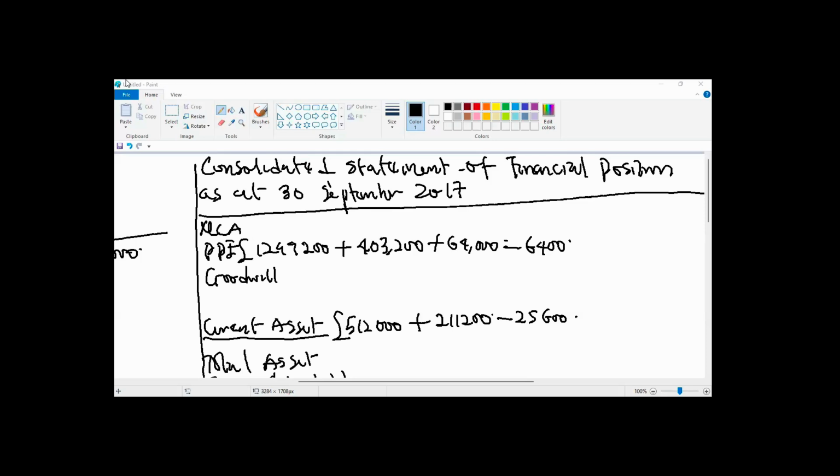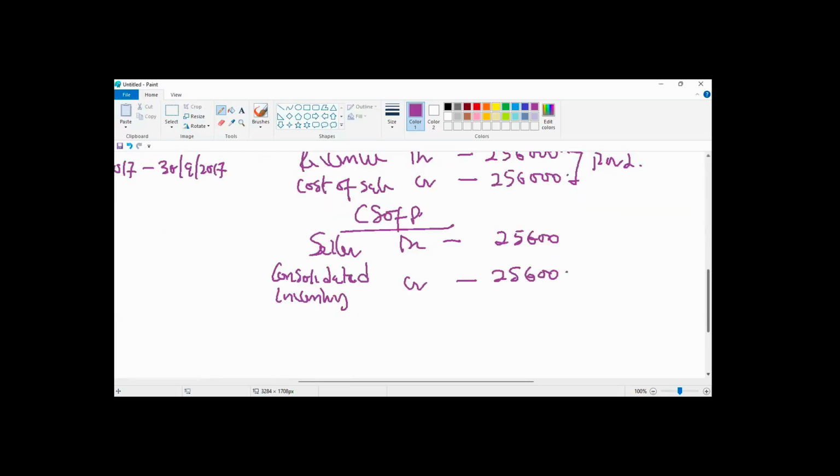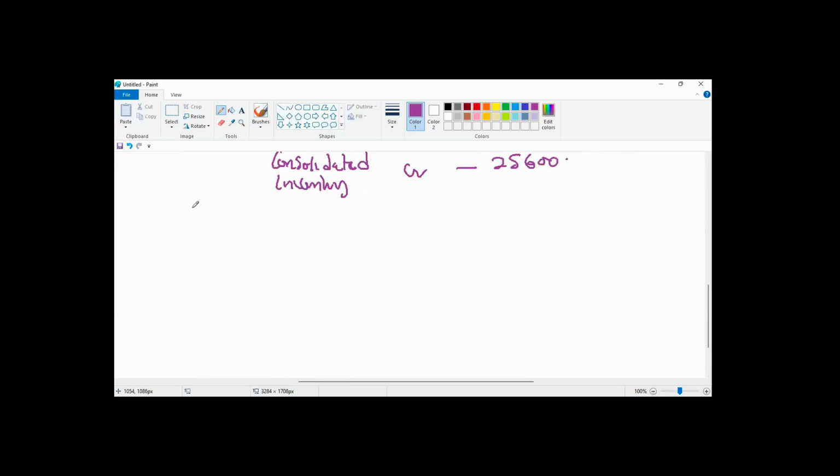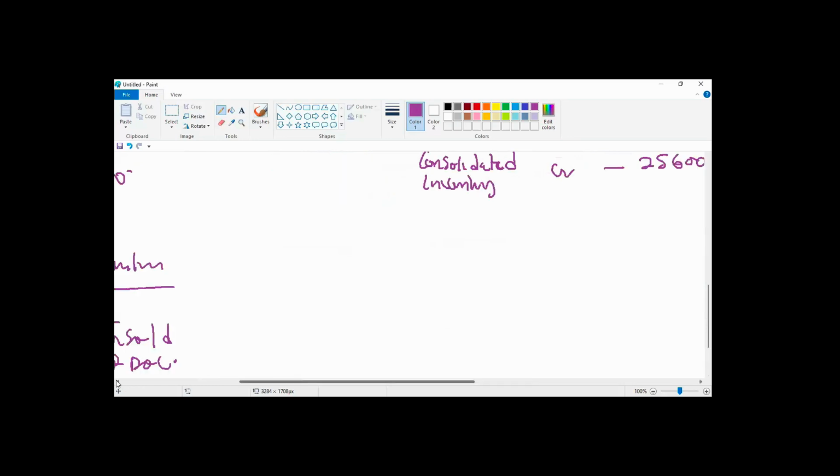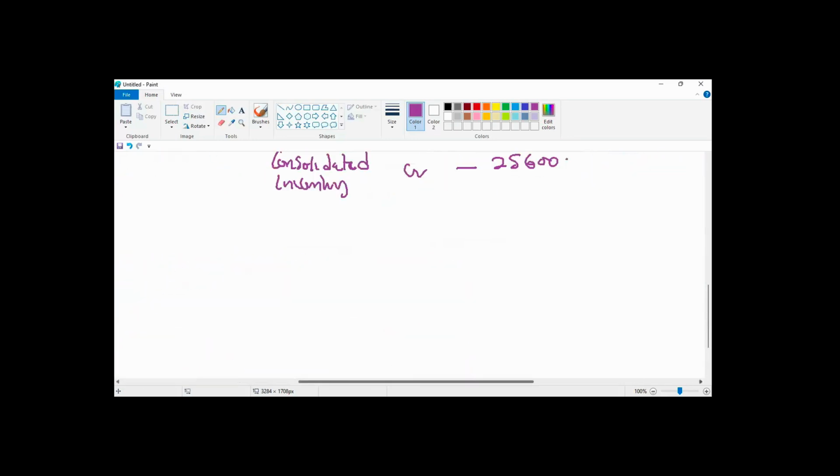Now, that is that. Then I'll go to general information for lower: trade receivable, trade payable reconciliation. How can it be tested in exam? In three ways it can be tested.